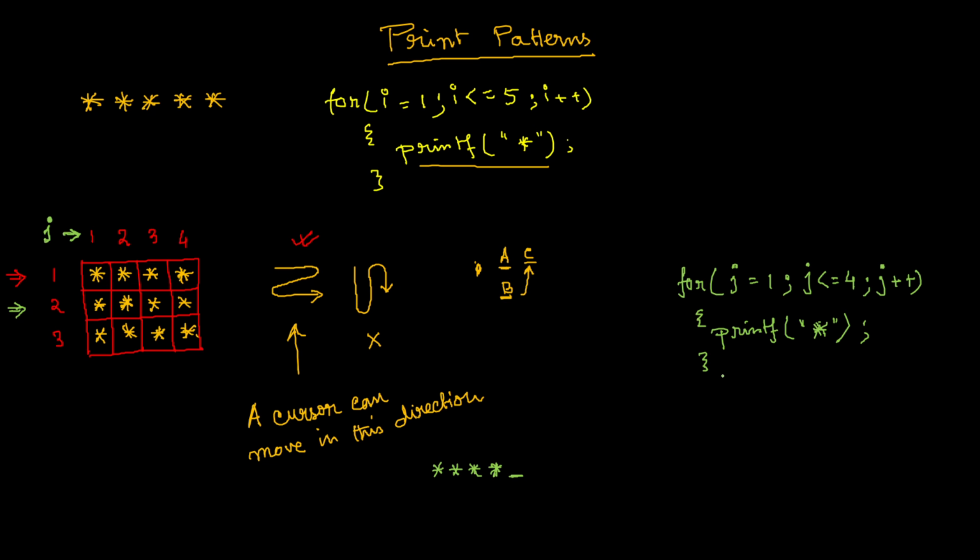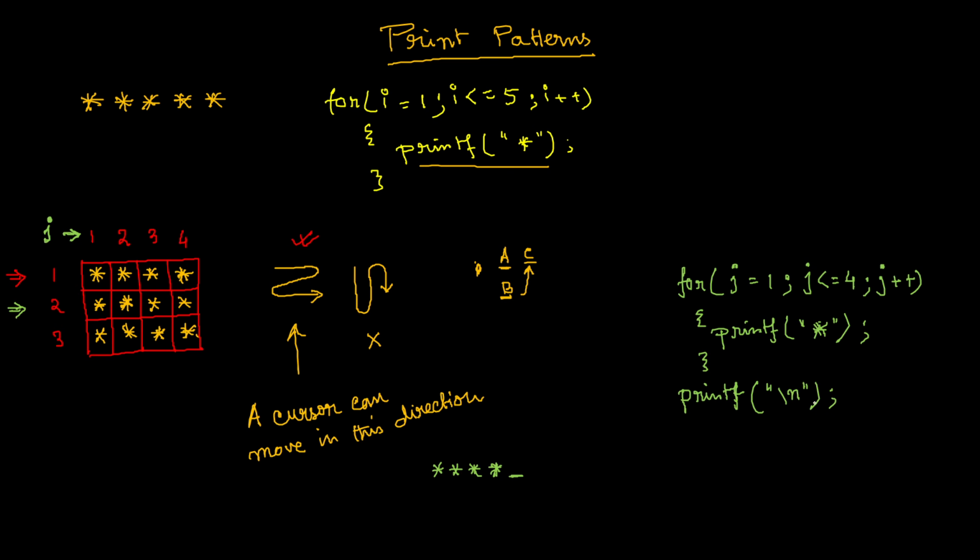but the difference is that you have to print them on the next line. So if you want to print them on the next line, you must write the statement printf \n.